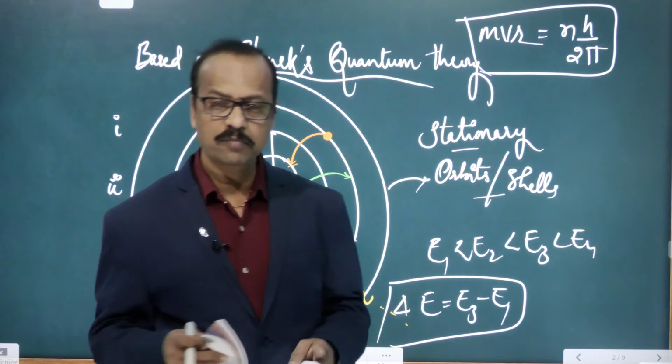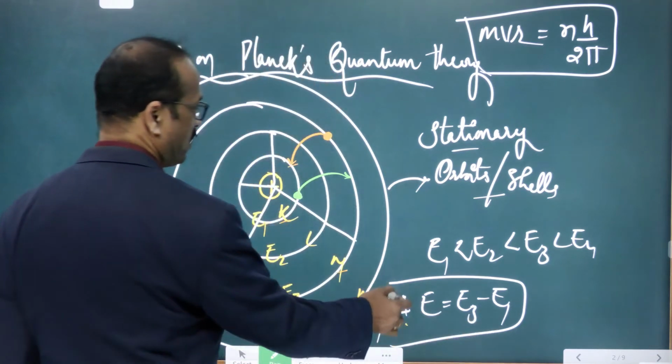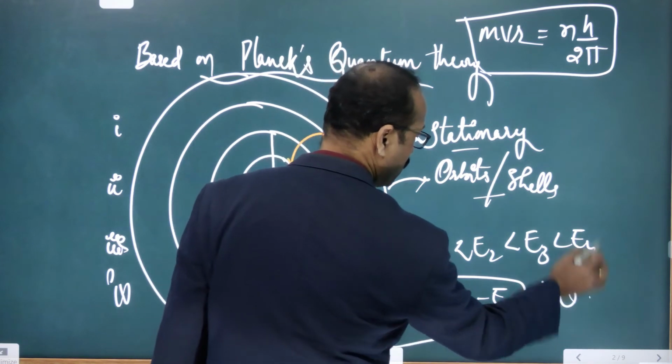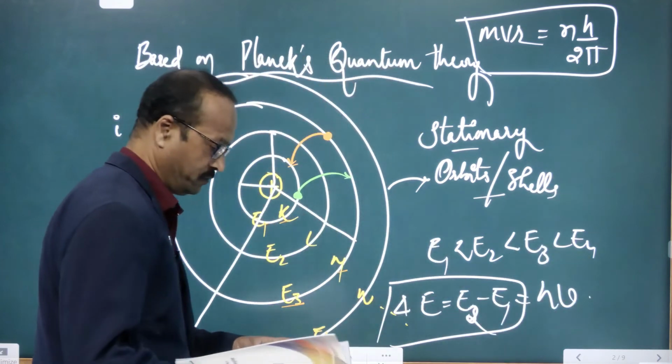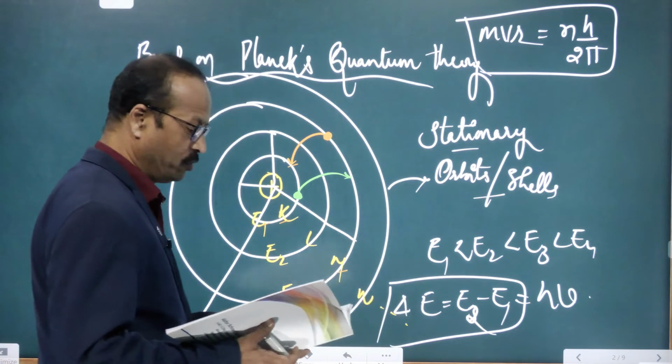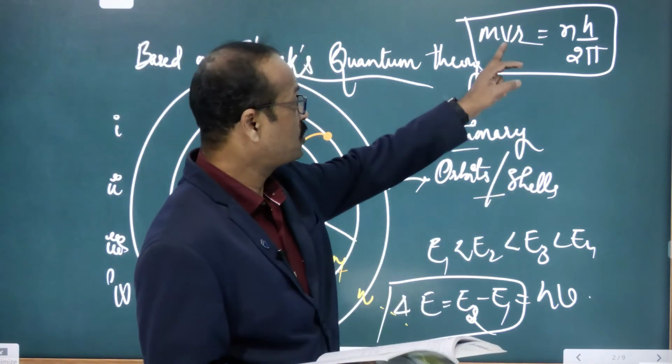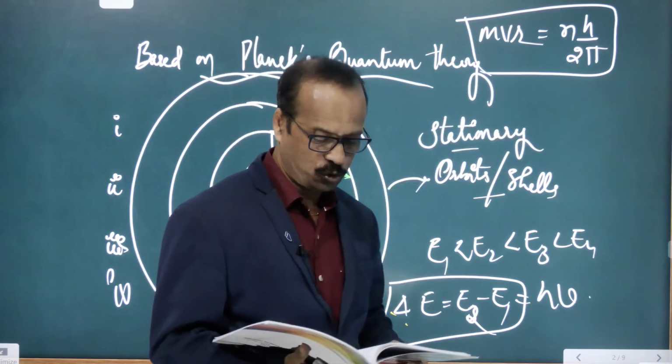How much energy is absorbed or emitted? E3 minus E1 or E2 minus E1, which is also equal to h nu according to Planck's theory. Quantization of angular momentum: the electron can revolve only in orbits where angular momentum is a multiple integral of h by 2 pi, so mvr is equal to nh by 2 pi.